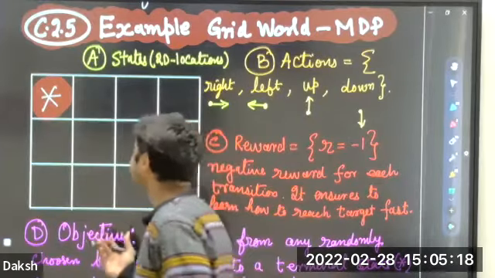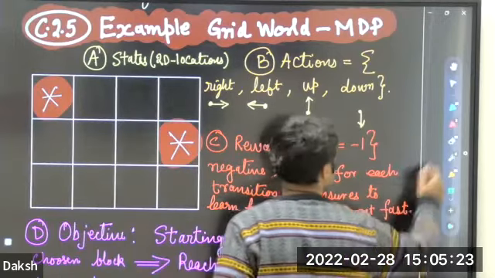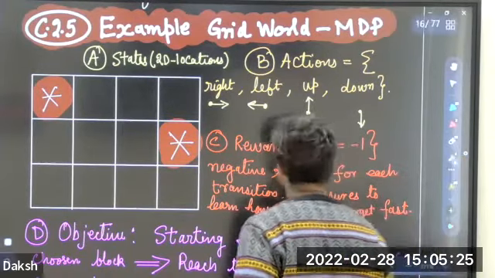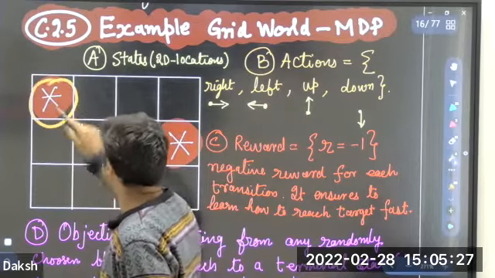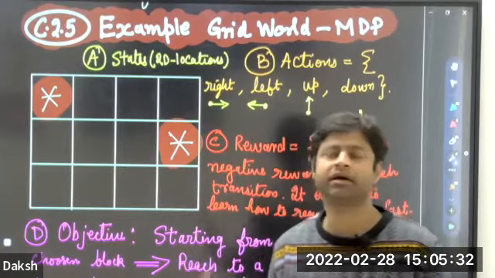What is the game? Now the game is that these are the two places from where you can get yourself considered as win.